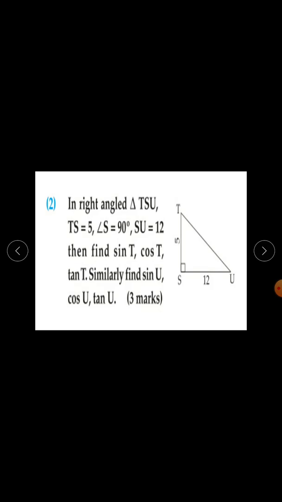Cosine ratio is the ratio of adjacent side upon hypotenuse. And tangent ratio is the ratio of opposite side upon adjacent side. So in triangle TSU, angle S is given 90 degree. TS is given 5 units, SU is given 12 units. So first use Pythagoras theorem and find out hypotenuse, that is TU.